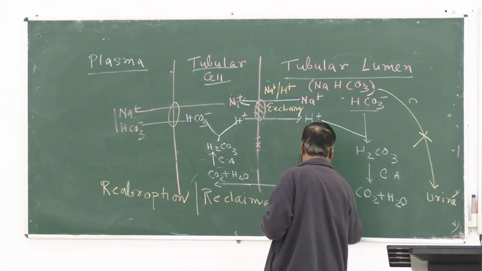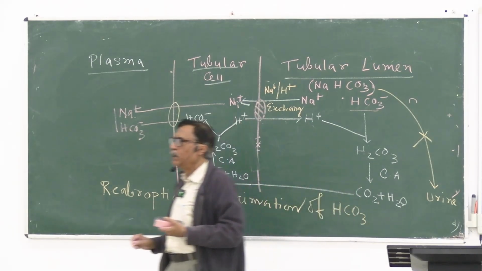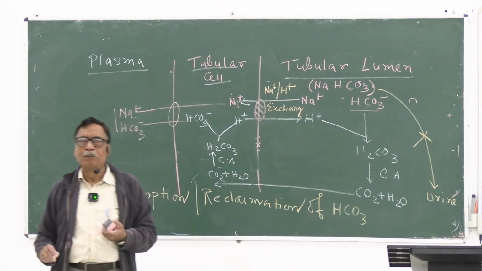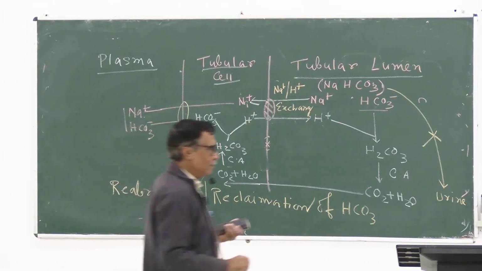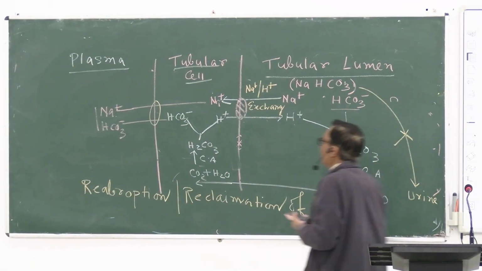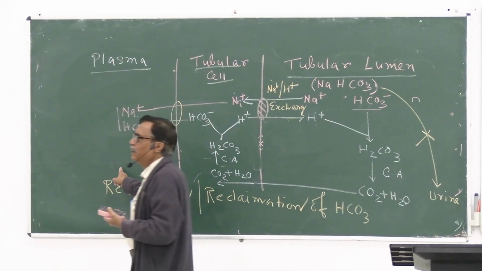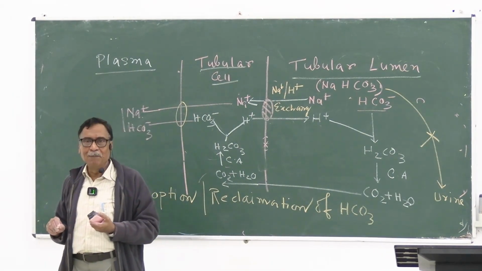Reclamation of the bicarbonate. So the 4500 millimole per day of bicarbonate that comes in the glomerular filtrate is not lost in the urine, it is again claimed by the blood, so the name reclamation.